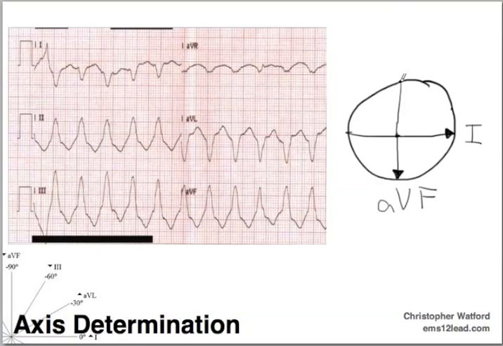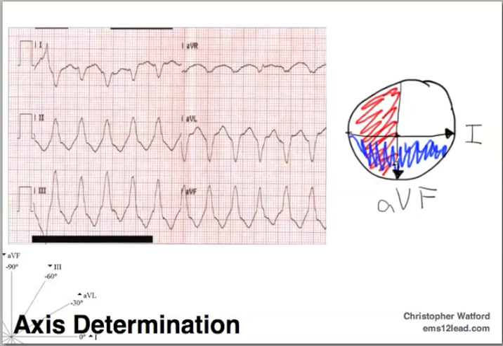So let's start drawing. We are down in 1. So positive is on this half, negative is on this half. So let us represent that. We are down in 1, and we are positive in AVF. We are positive in 2, so we know we're somewhere over here.